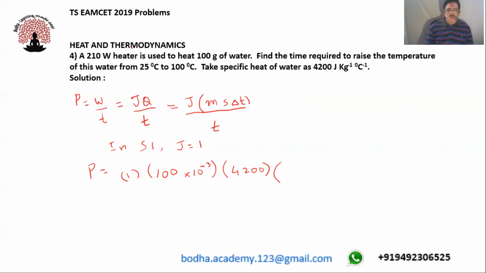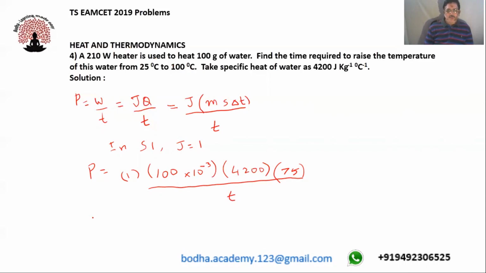Initial temperature is 25°C, final temperature is 100°C, so change in temperature is 100 − 25 = 75°C. Whole thing divided by time.